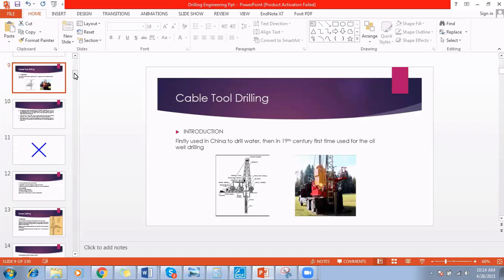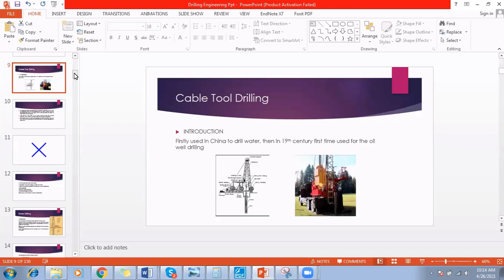Usually our focus in this course will be rotary drilling, because nowadays rotary drilling is done, but cable tool drilling also relates with the drilling operation that was done in the petroleum industry in older times. So this is the reason that an introduction to cable tool drilling will be given as well.